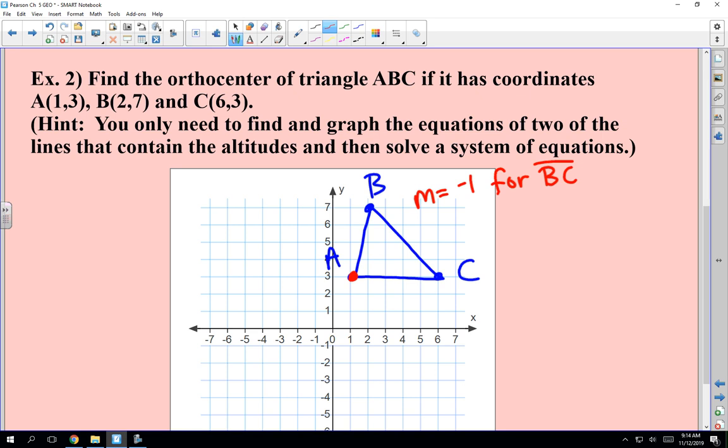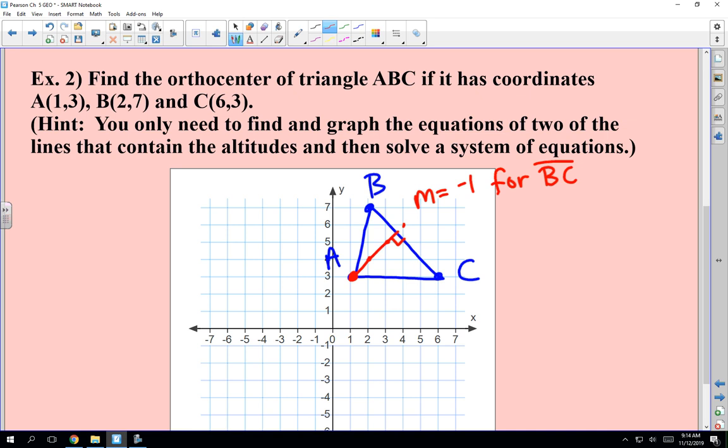So I'm going to go from point A, up 1 over 1, up 1 over 1, up 1 over 1. We'll just stop right there. I know that's a 90 because I used opposite reciprocal slope to draw it. So that is guaranteed to be my altitude from point A over to BC.